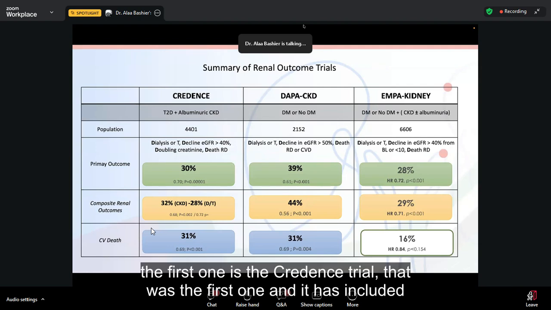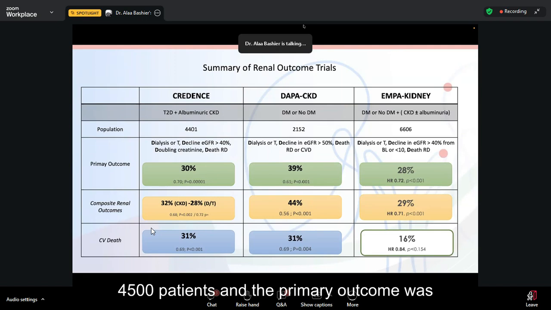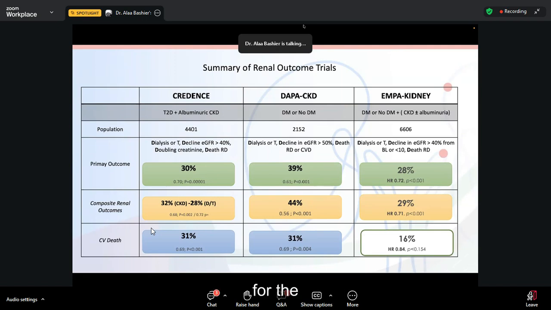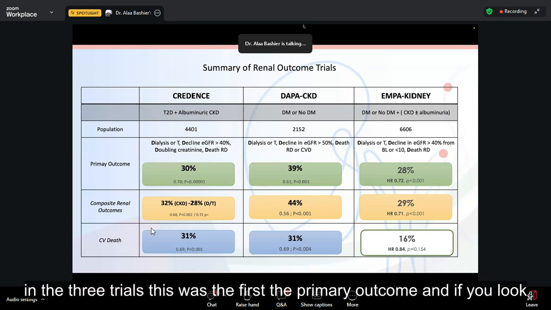That was the first one, and it enrolled around 4,500 patients. The primary outcome was a 4D, which is dialysis, decline in eGFR, doubling of serum creatinine, and death from renal disease.